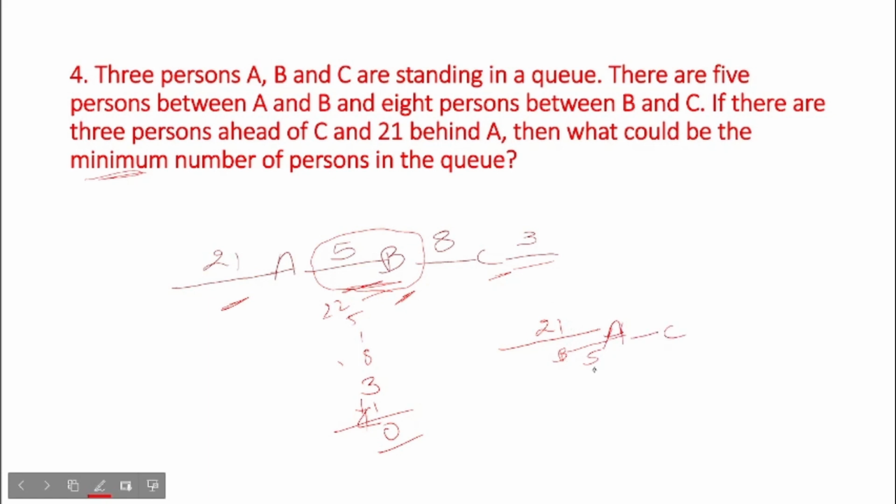So we already got 5, 6, 7, 8, 2 members more here, and 3 persons after C, right? That is 3 persons here.